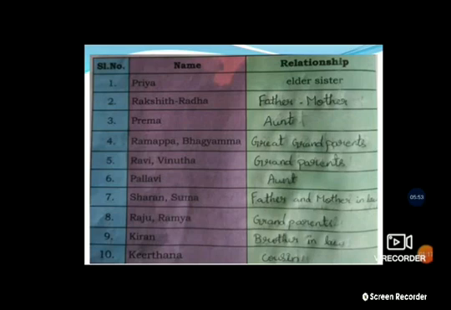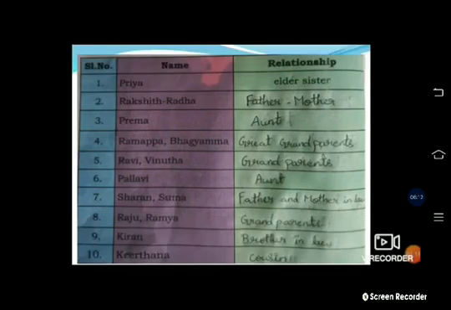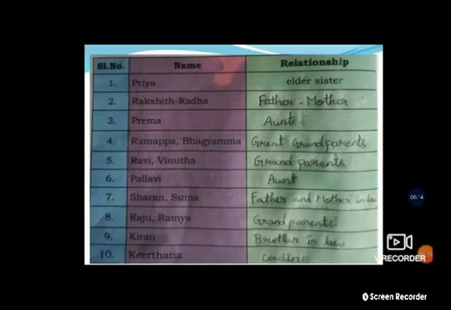Pallavi is an aunt. Sharan and Suma are father-in-law and mother-in-law. Raju and Ramya are grandparents. Kiran is brother-in-law. Kirtana is a cousin of Manu. So this is the relationship between Manu and her family members.